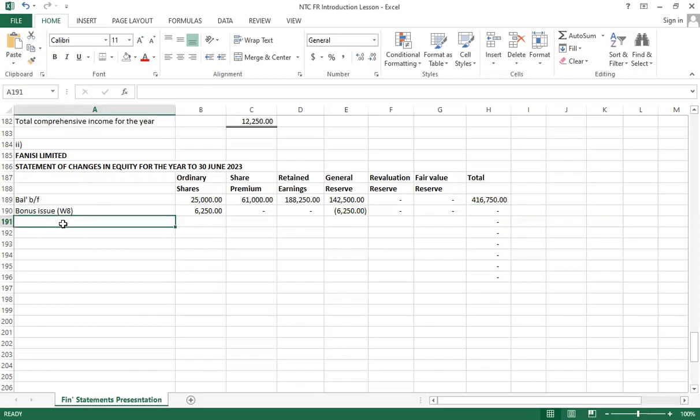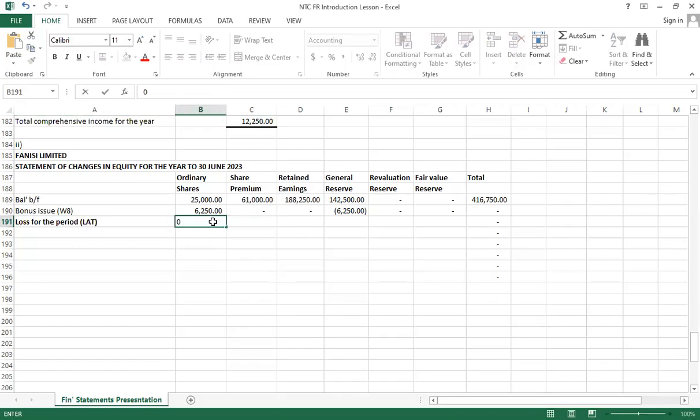For the retained earnings, we have to remember that you adjust it by the loss for the period. In this case, you adjust it by the loss after tax, the LAT. But this one does not affect the ordinary shares, does not affect the share premium.